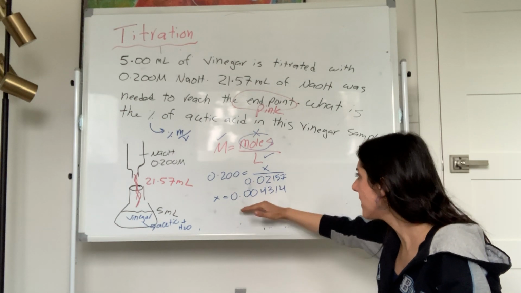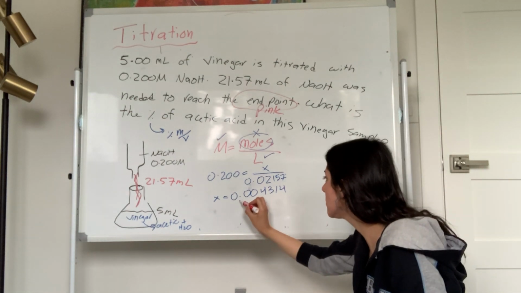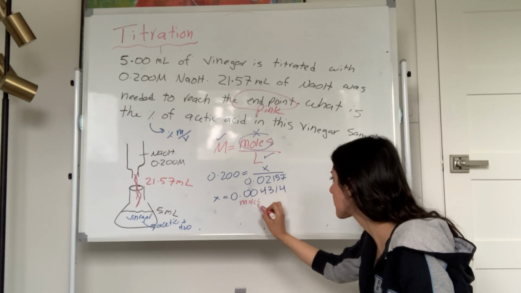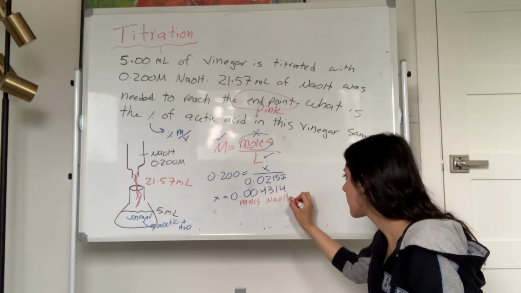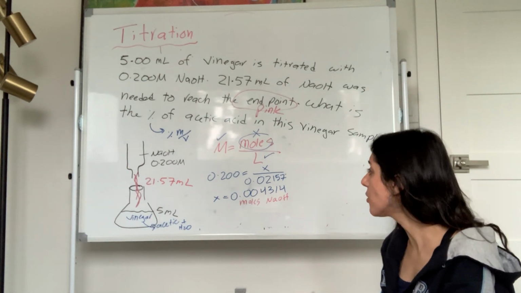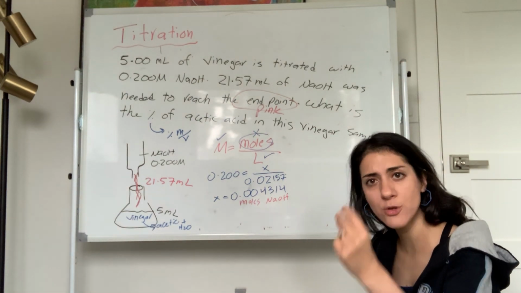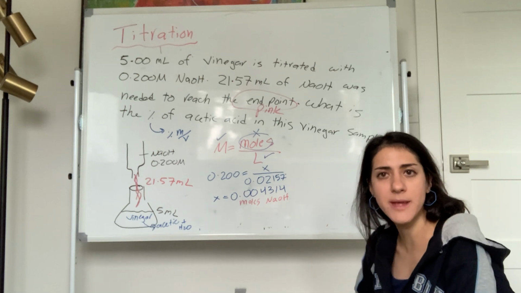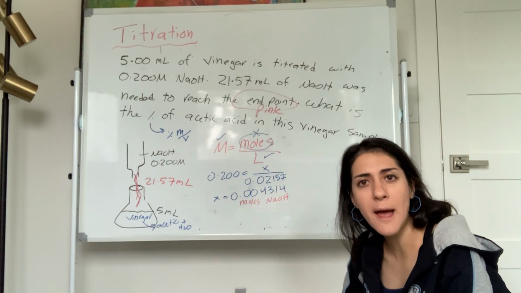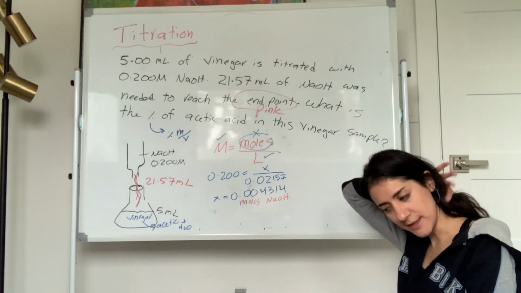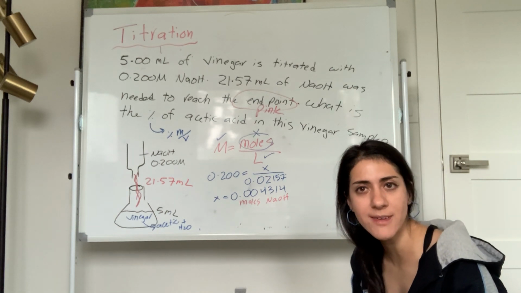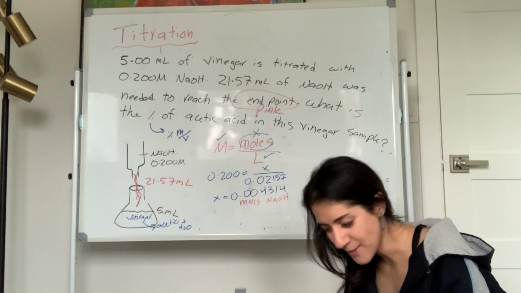Okay. So this is the moles of sodium hydroxide. So I added 0.004314 moles of sodium hydroxide, and then it turned pink. So what does that mean about acetic acid? How much acetic acid did I have in there? The same amount.